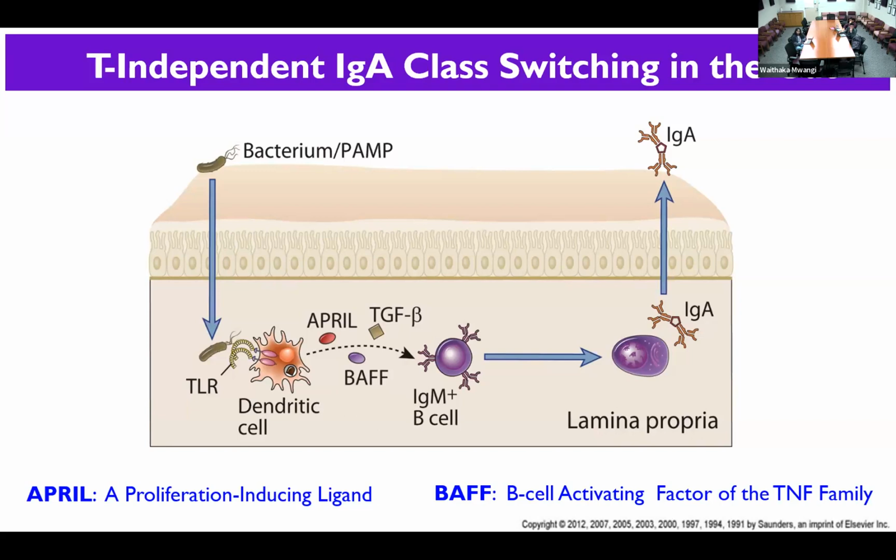Taken together, these cytokines and other factors that are not listed here, there's quite a number of them, okay? Only these three are shown here. Once they have been stimulated by this route, the secreted factors have an influence on resident IgM positive B cells that are actually quite many in this region. Where do they come from?